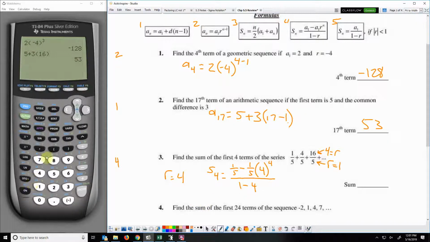Okay, so I can do the numerator in parentheses, so 1/5 minus 1/5 times 4 to the fourth power. And I need to close parentheses on that numerator. Divided by 1 minus 4, which is -3, or I can do parentheses, 1 minus 4, close parentheses. And I get 17 for the sum of the first 4 terms.